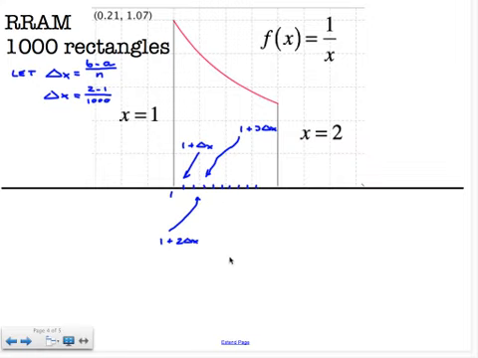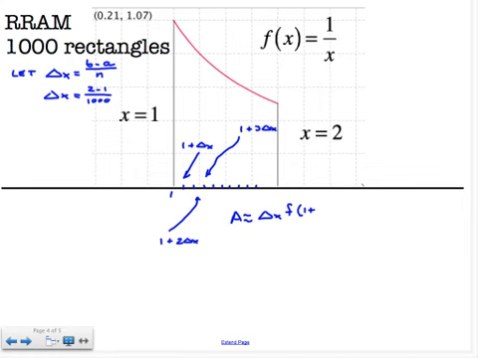So let's write out the first few areas, and then we'll see the pattern develop, and then we can use the sigma notation. So the area approximation is approximately, okay, how wide is each rectangle? Well, we're using the symbol delta x. So the first height is going to be f of 1 plus delta x.